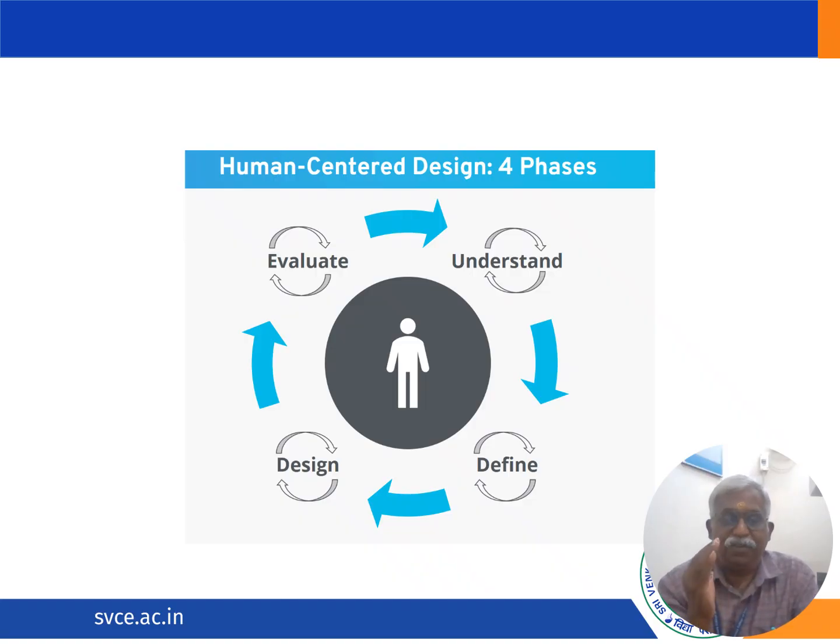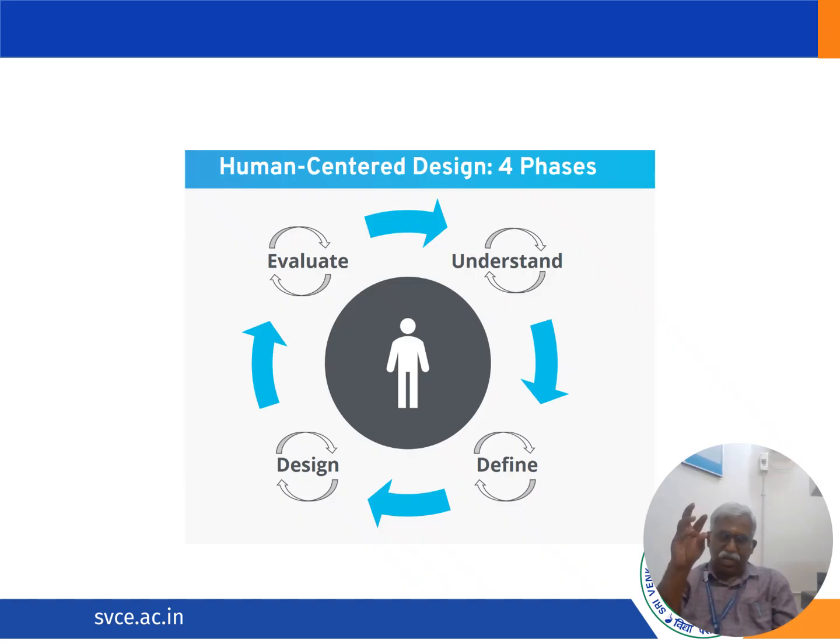Number one, definition. Based on the definition, we are designing. Then we are going to evaluate. Finally, understand. This is a cyclic process. Initially, starting from an empathetic manner, we are understanding something.